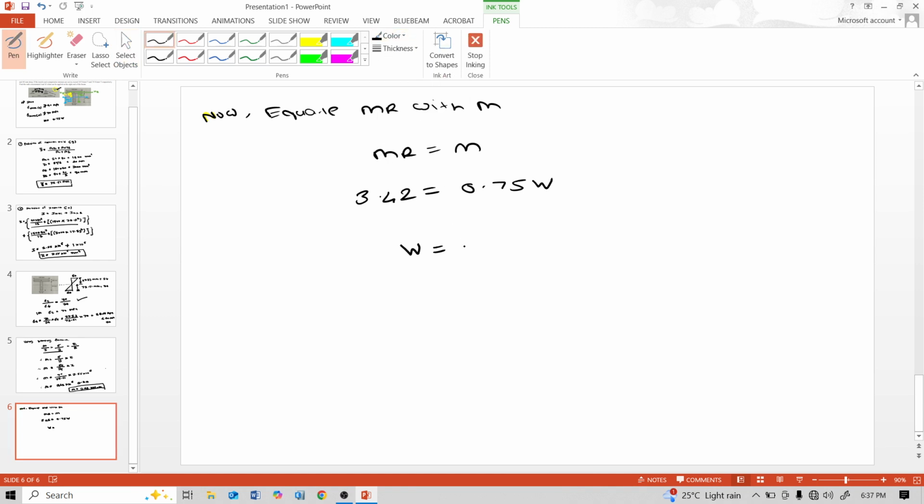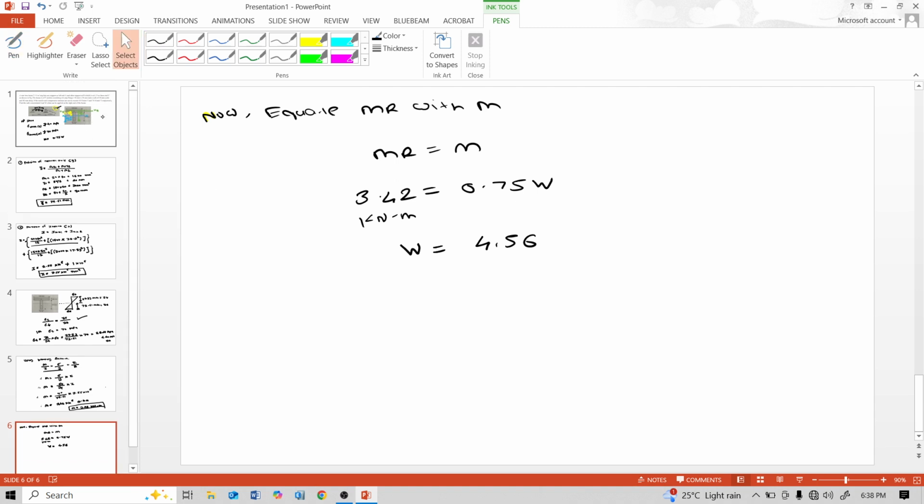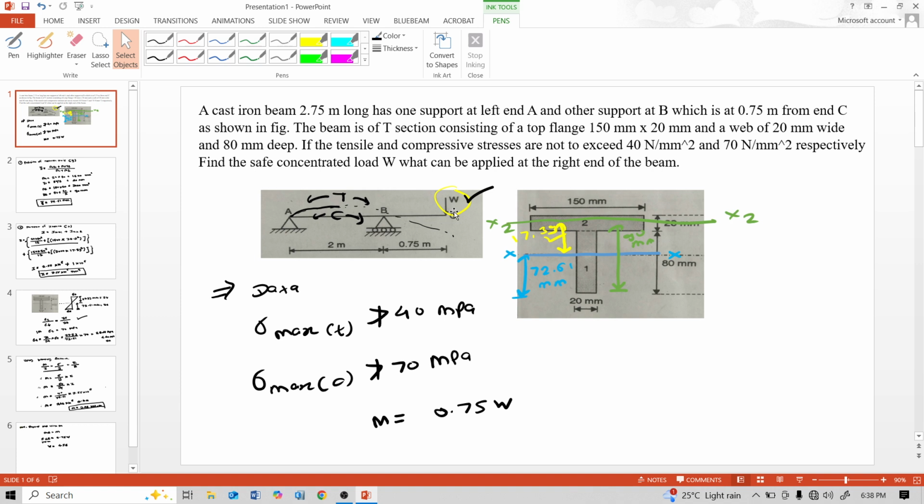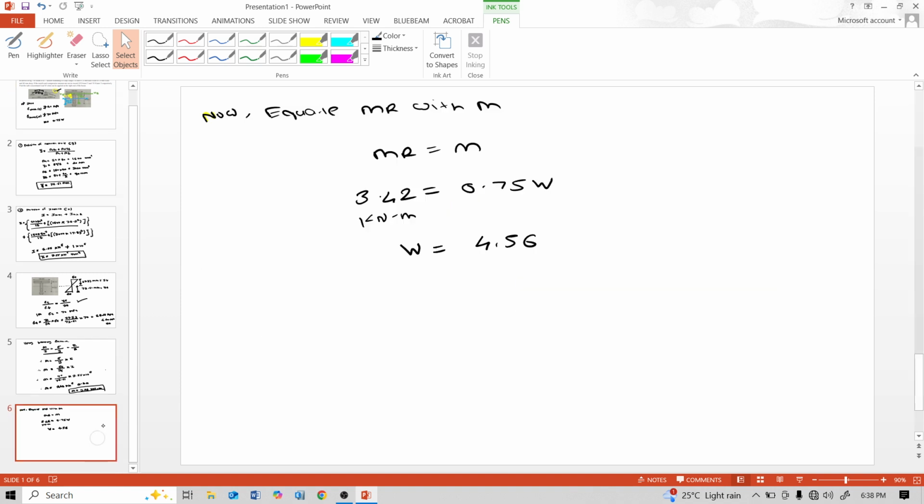The unit of the MR is kilonewton meter, and the moment unit is also kilonewton meter.